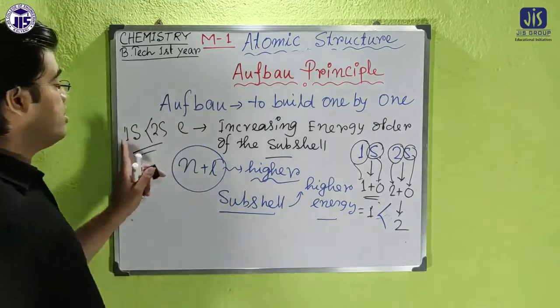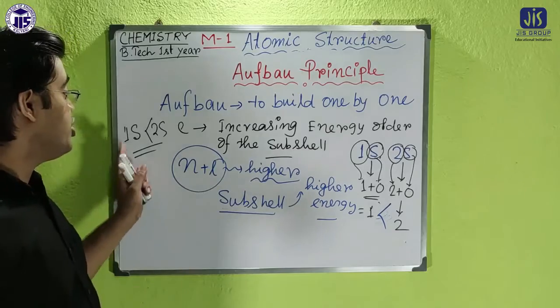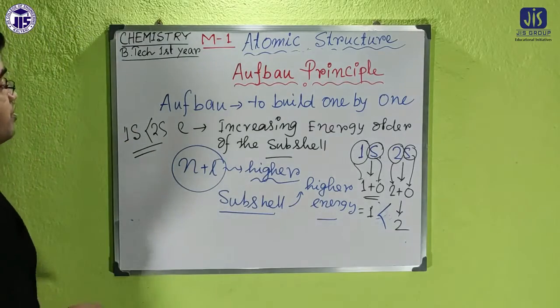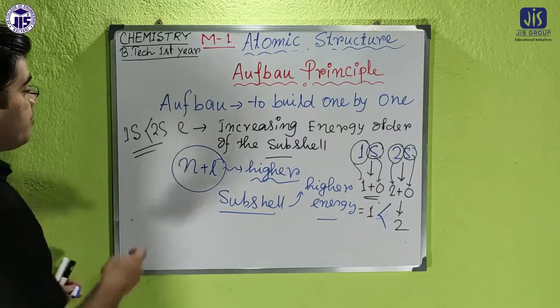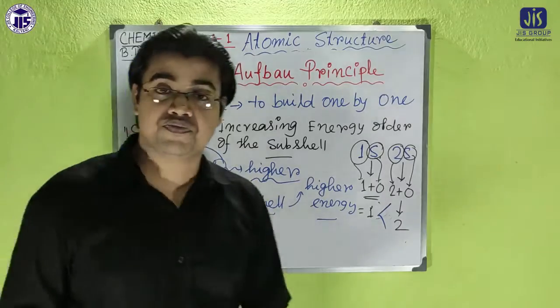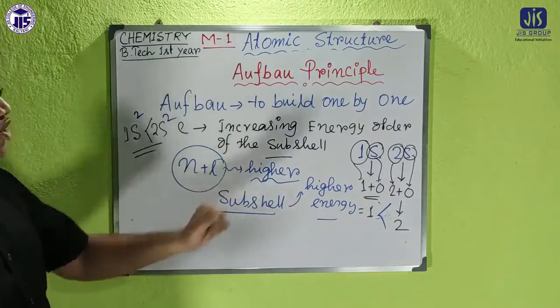So when you put the electrons, at first 1s will be filled up like 1s2, then 2s2. In that way we can continue the electronic configuration.